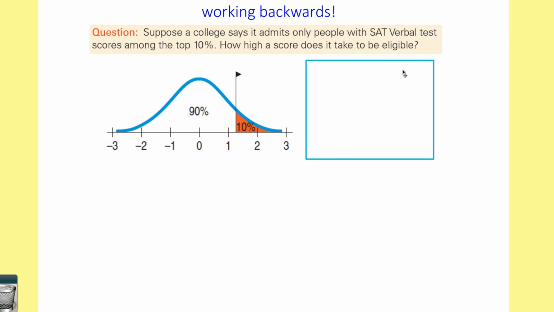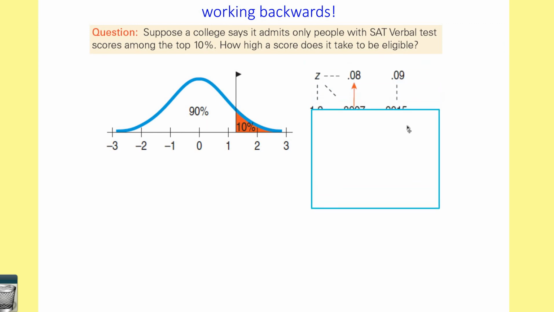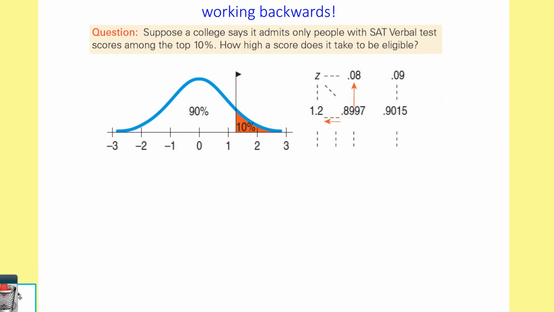We can look at our table, of course. We find the percentage somewhere in there, and then we look at what the z-score represents. This one goes out to 1.2 and then 0.08, which is 1.28.